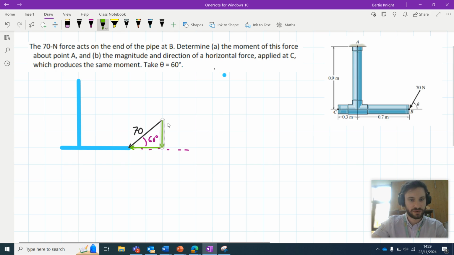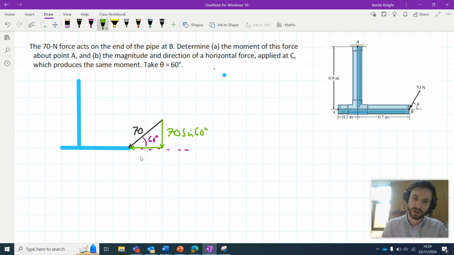A quick shortcut to break these down: we can represent the magnitude of this vertical component as 70 sine 60, and this horizontal component as 70 cos 60.